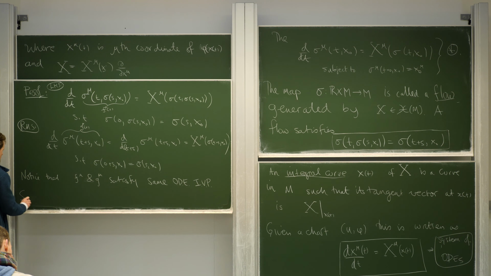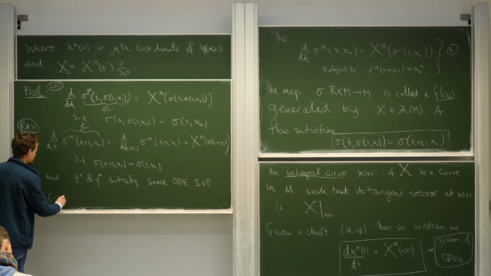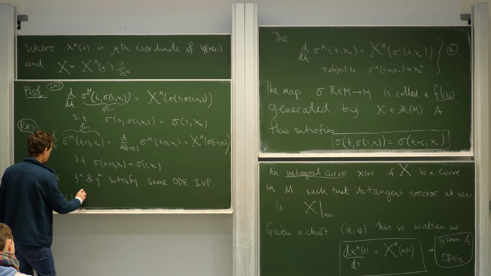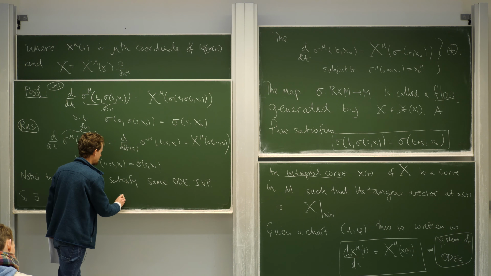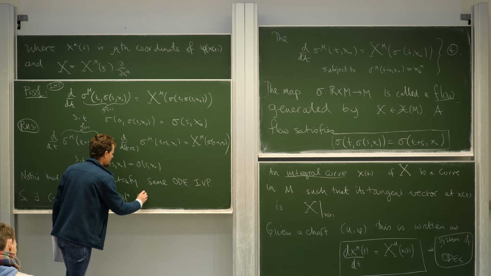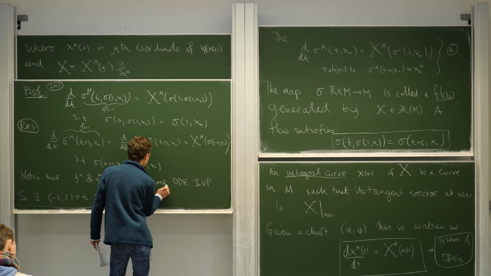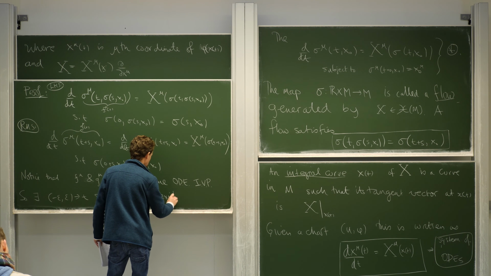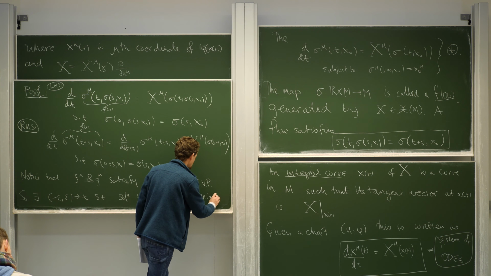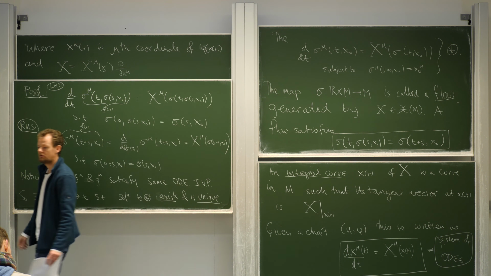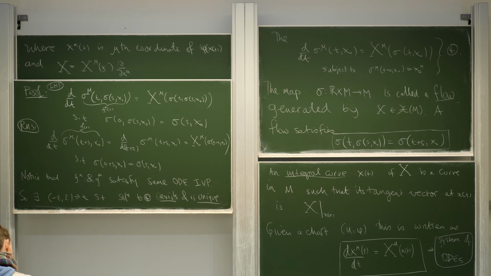And so there exists an interval minus epsilon to epsilon with t in it, such that the solution to star exists and is unique. That's what the existence uniqueness theorem of ordinary differential equations tells us.